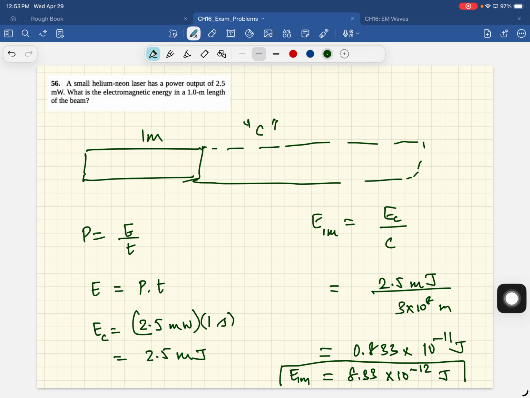This is relevant if you shine this light and energy is absorbed, how much energy is absorbed. When you get, what is that surgery called where they're changing your, oh yeah, LASIK surgery. They peel your cornea back and they burn cells using lasers. So you need to know how much energy is being deposited.